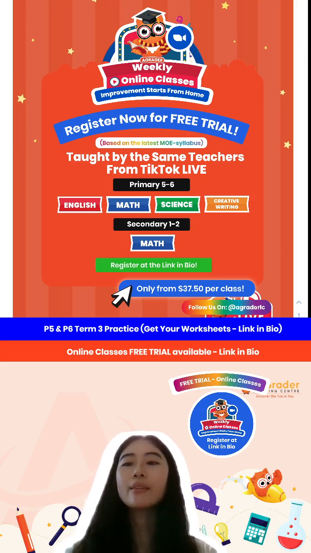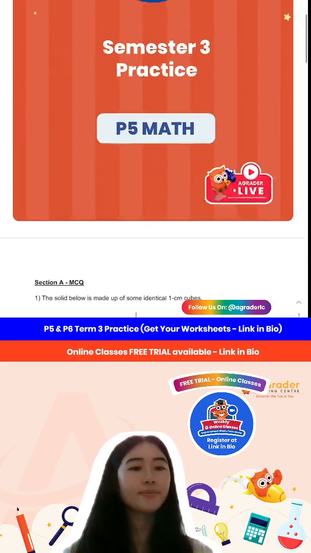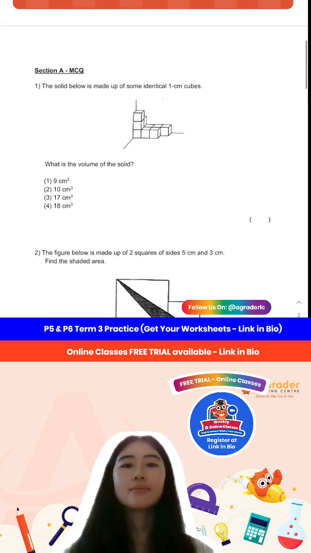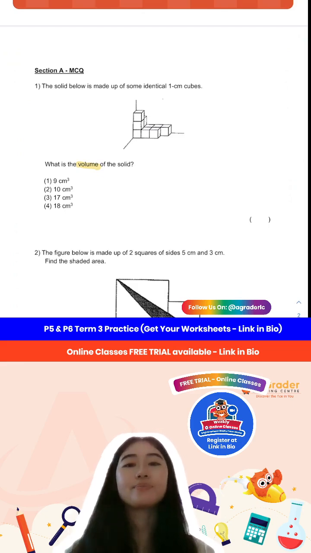Right. So shall we begin? So let's look at our MCQ first. The solid below is made up of some identical 1 cm cubes. So you are asked to find the volume of this solid. So take a look and then let me know your answers.